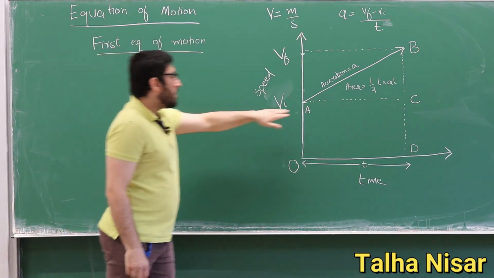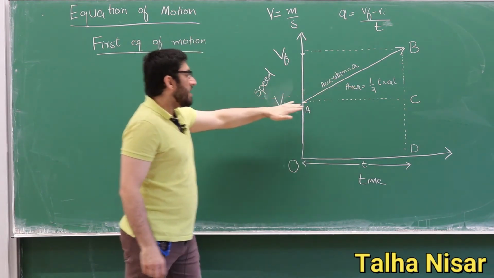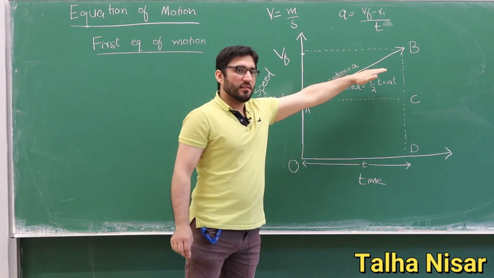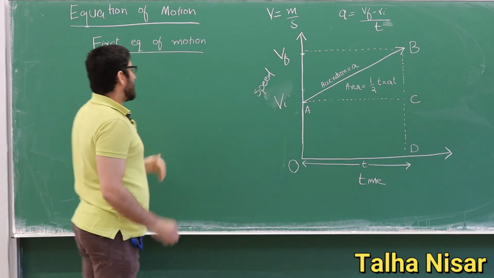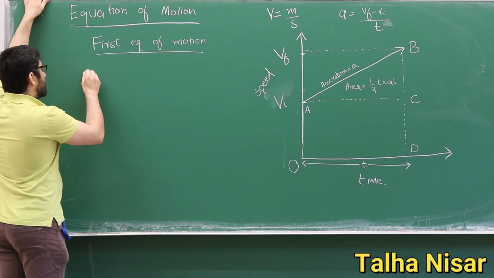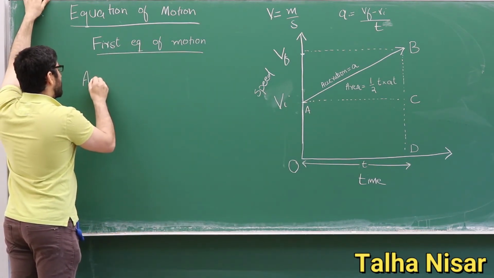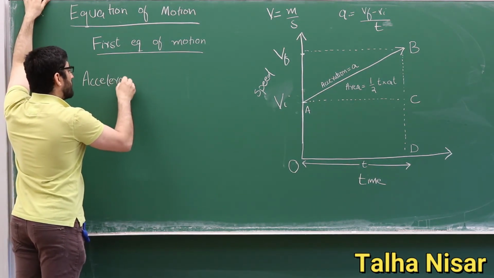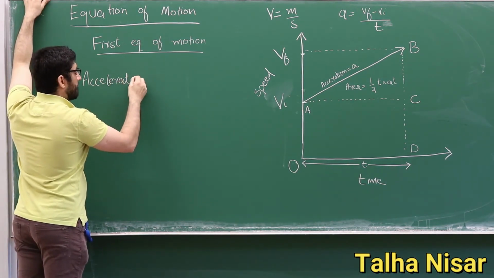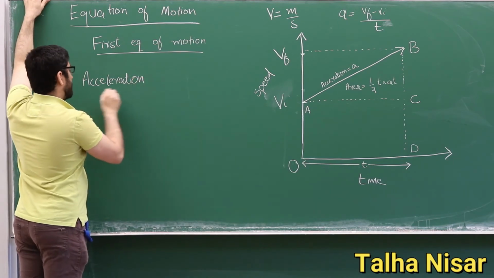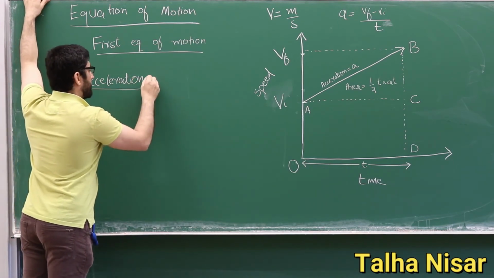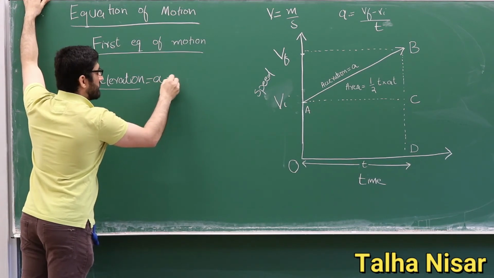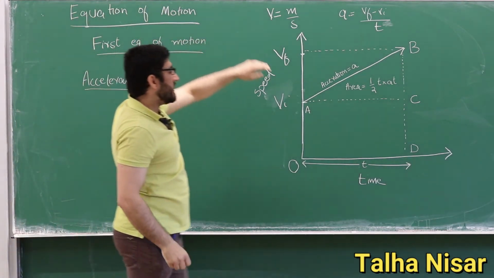Now the slope of this line here is the acceleration, which is a.